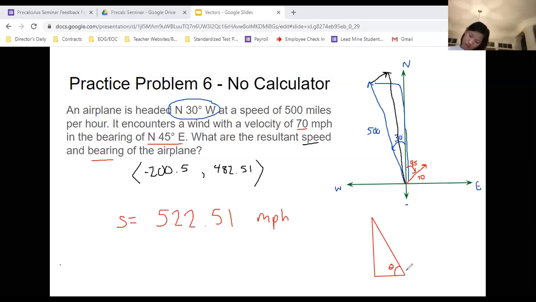So we'll say tangent inverse of my y, which is 482.51, over my x, 205. And I find out that this angle right here is 67.44.